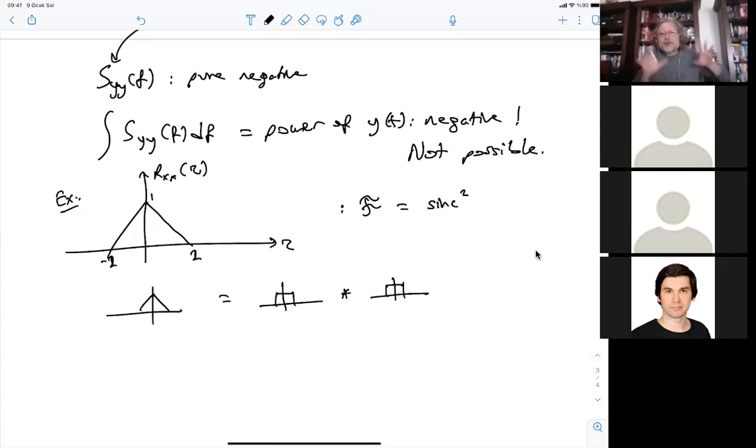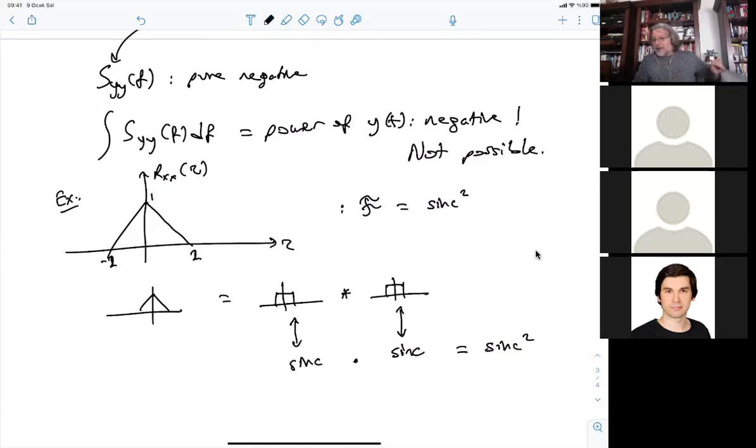If you convolve two rectangular boxes, they will generate a triangle. So the Fourier transform of this one is sinc, and the Fourier transform of this one is sinc. If you convolve in the time domain, then you multiply in the frequency domain, which makes sinc square. Okay, that's how things work.